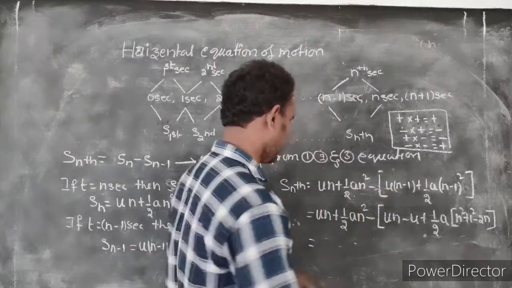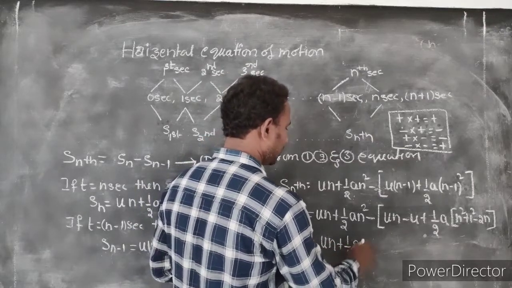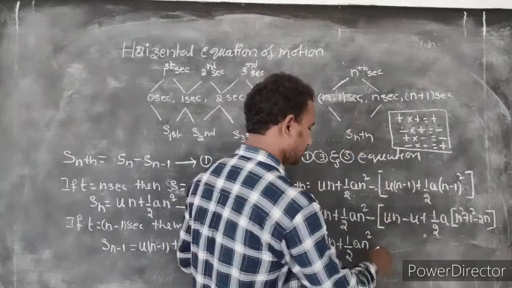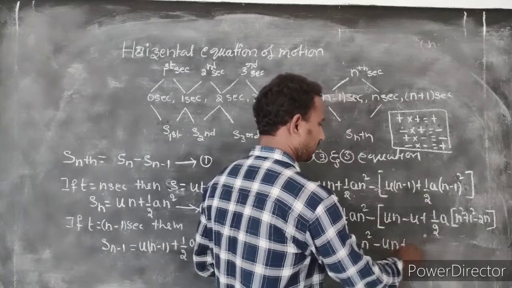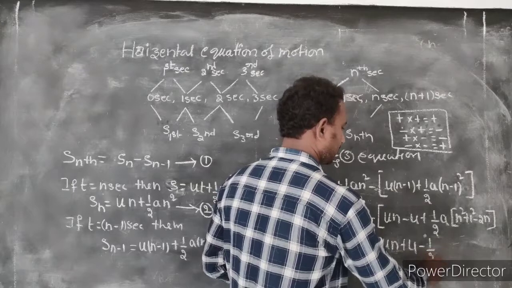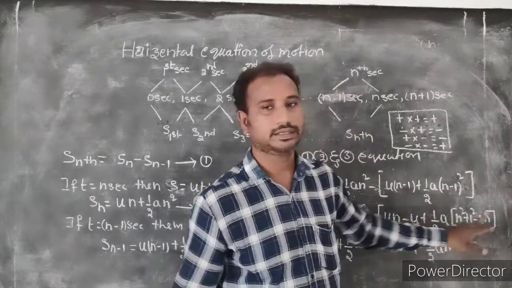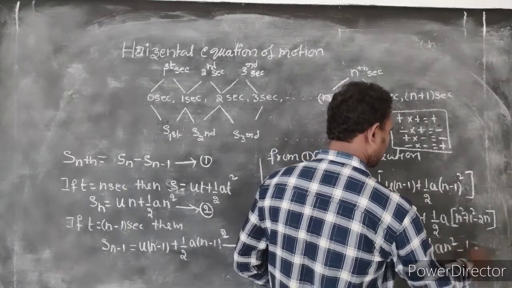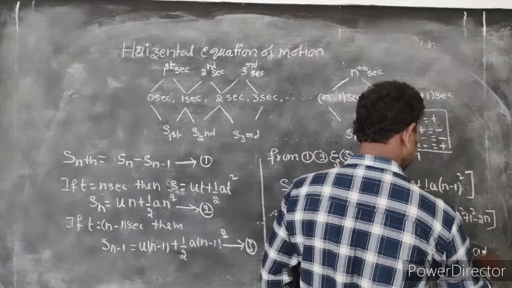Just identify here: un plus 1 by 2 an square, minus into plus gives minus un, minus into minus gives plus u, minus into plus gives minus 1 by 2 an square. Minus into plus minus, we have to consider that 1 by 2 a, minus into minus plus, so consider that.